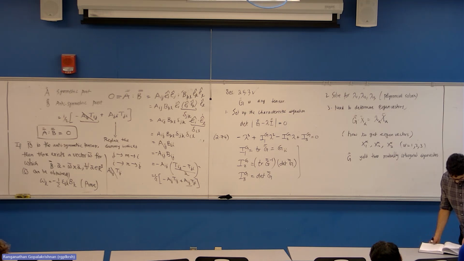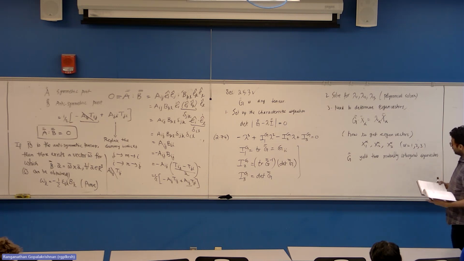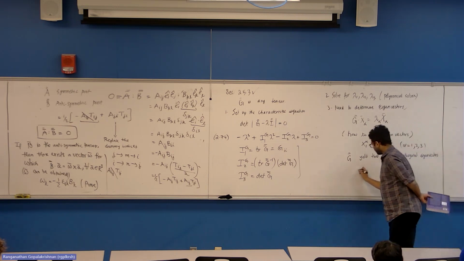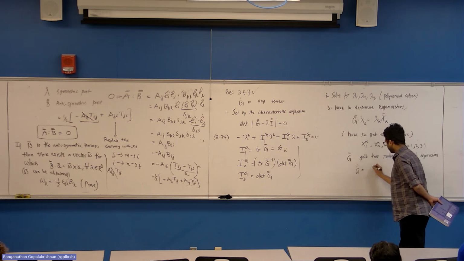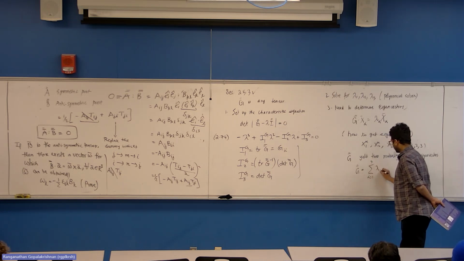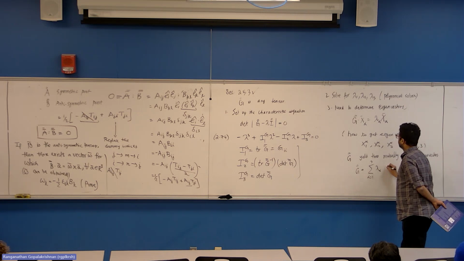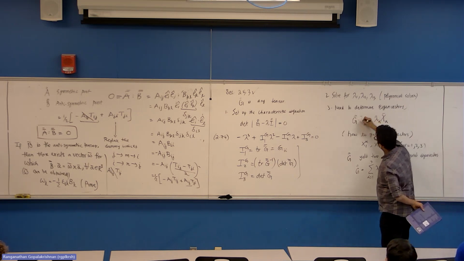So last lecture, I said something wrong. I want to make that correction here. I said any vector G or any tensor can be represented as the sum over alpha equals 1 to 3 of lambda alpha, gamma alpha, gamma alpha. I think I used the symbol gamma.